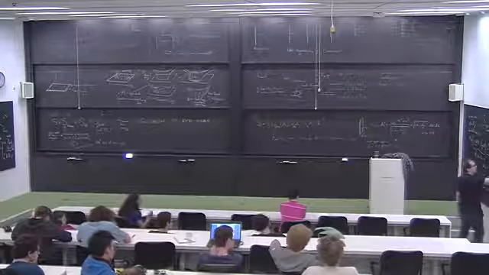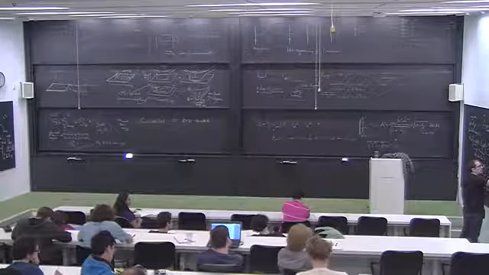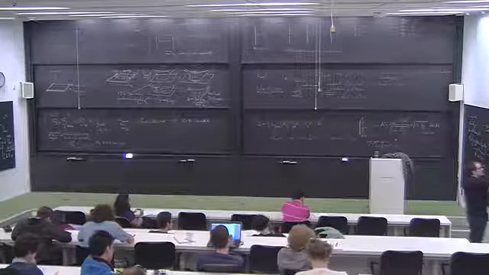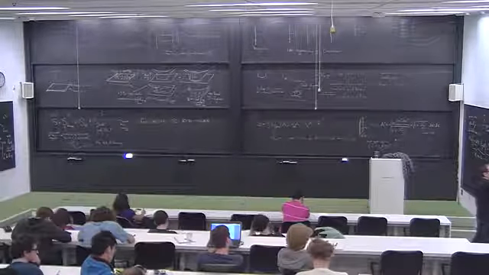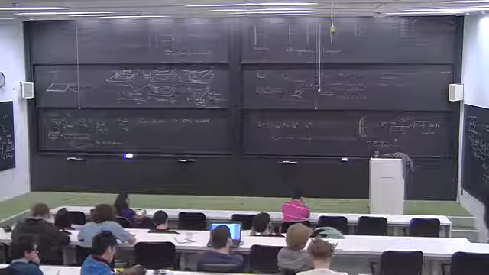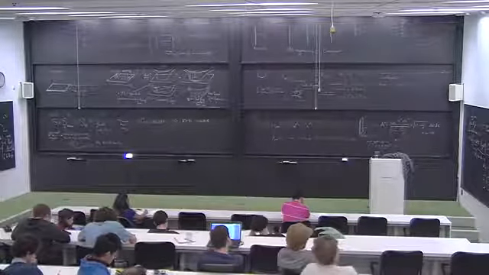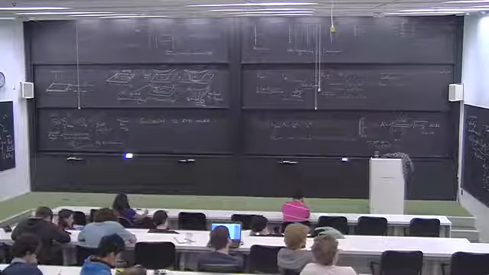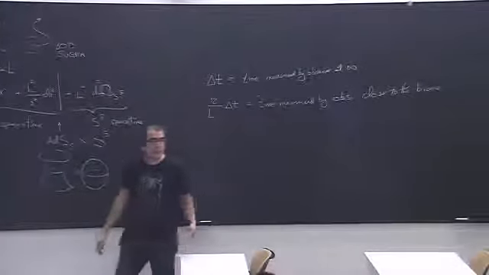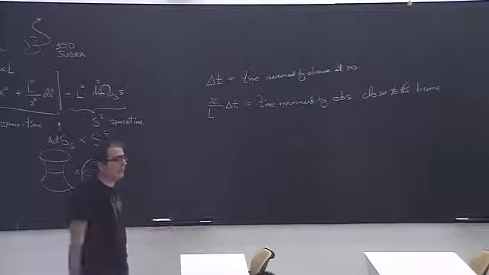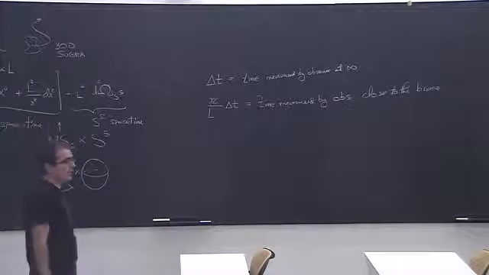On the other hand, R over L times delta t will be the time measured by an observer close to the brane. The time, ds squared, is the proper time, so we just get R over L times delta t. If we fix the other coordinates to be constant, this is what I get if I am close to the brane.